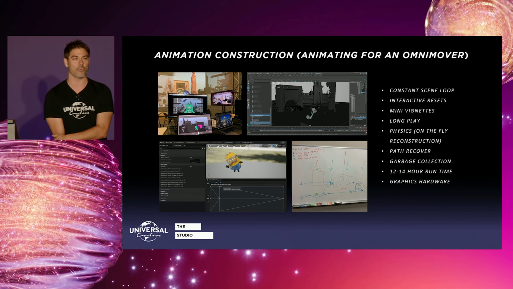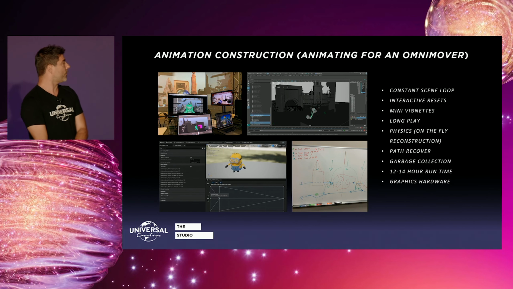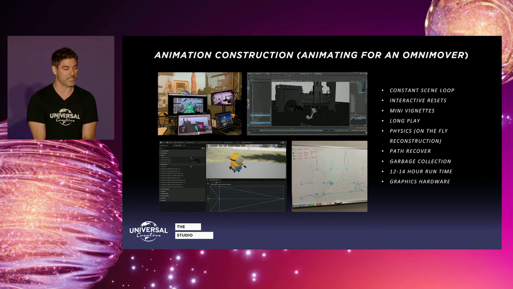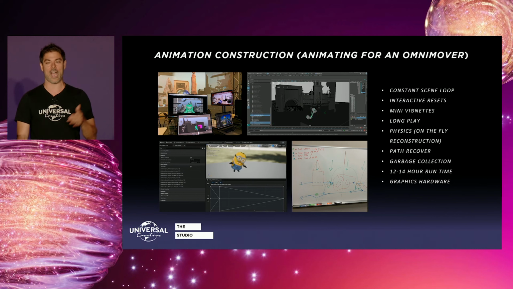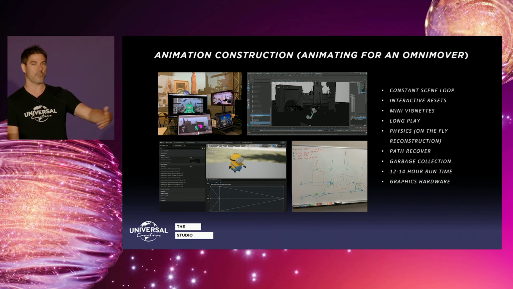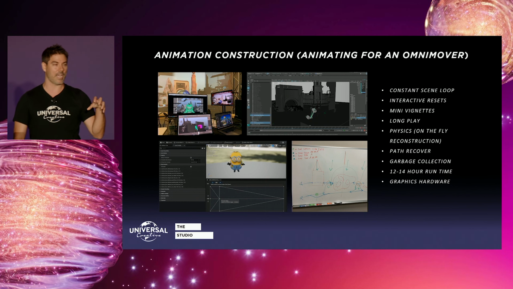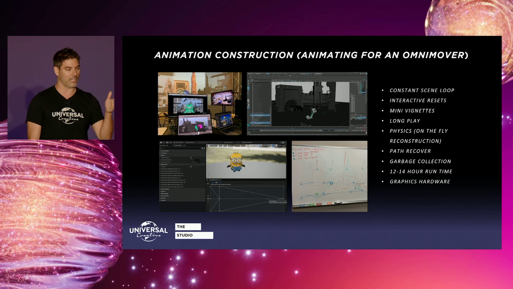So really, it was challenging to design a game that has to have a constant scene loop that runs for 20 hours, sometimes up to 24 hours a day, if they don't reboot the attraction, which doesn't really happen a lot. So creating animation trees and animation loops that literally have to go 20 hours a day and not destroy, not have garbage collection, not pick something up or have something fall off, and have all of these extremely complex levels of animation diagrams and animation trees that will allow us to say, if something blew this up, if the ice did this, if the fire hit this, blow this up this way, move into here.